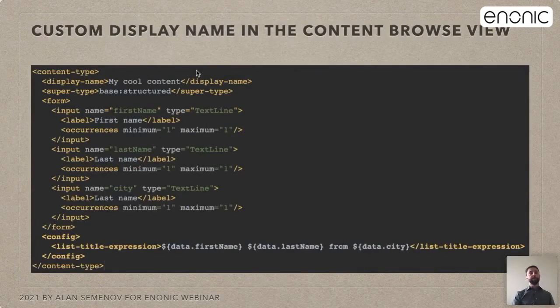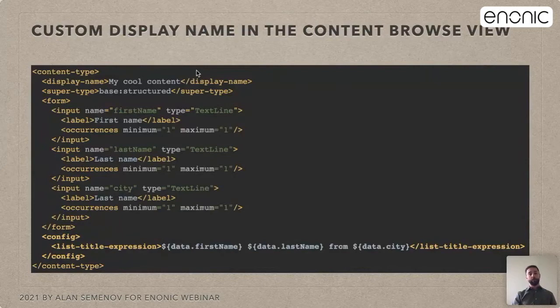Some of you are using a field called DisplayName expression to automatically generate the display name of a content based on field names in the content type schema. And now we have implemented something similar in the content browse view.